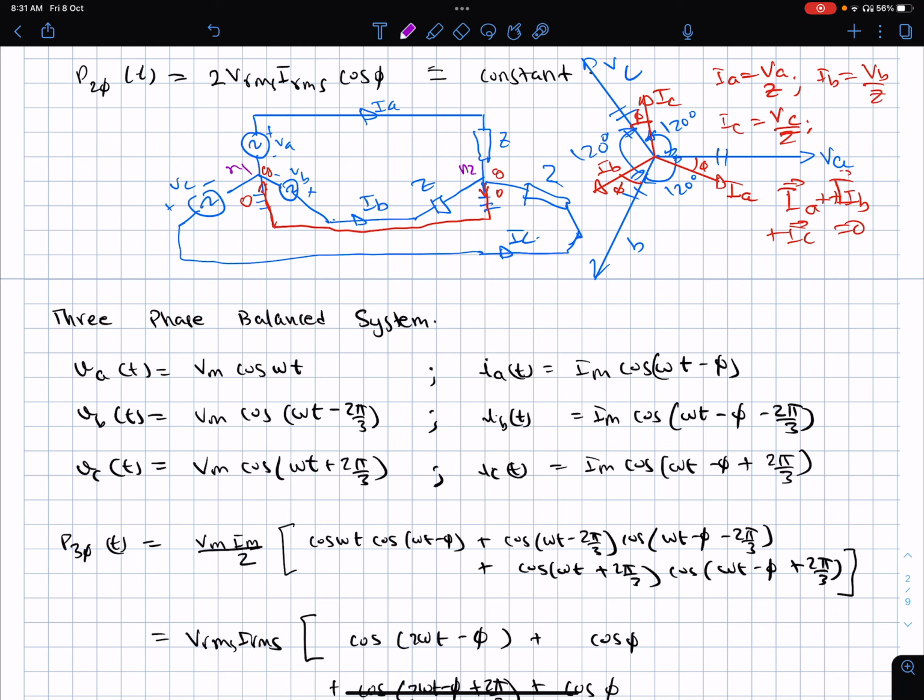Ideally, once you connect a wire, it will have its own resistance. But for a balanced system, it doesn't matter because Ia plus Ib plus Ic is 0. So whether it's a ground return or a wire connecting the two grounds, no current is going to flow through this wire.